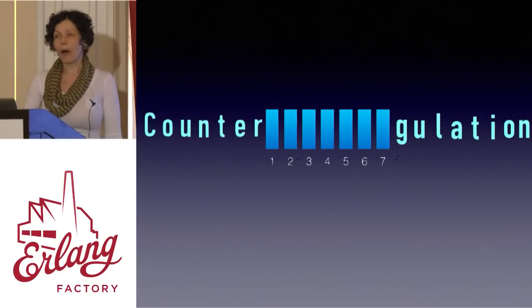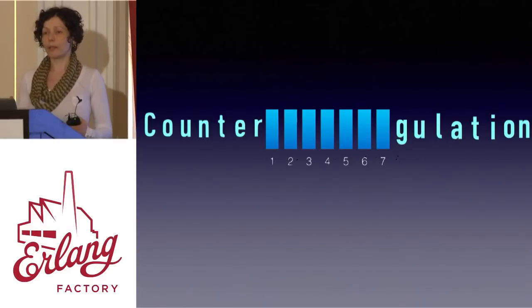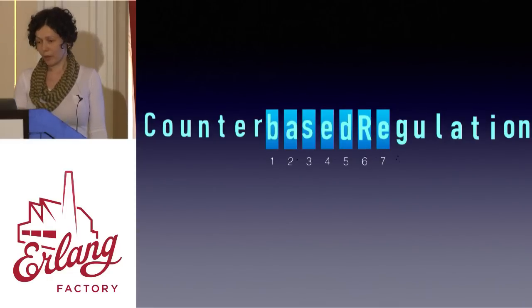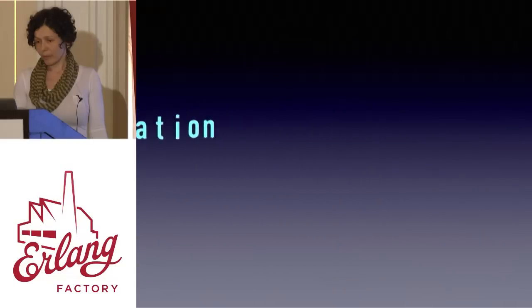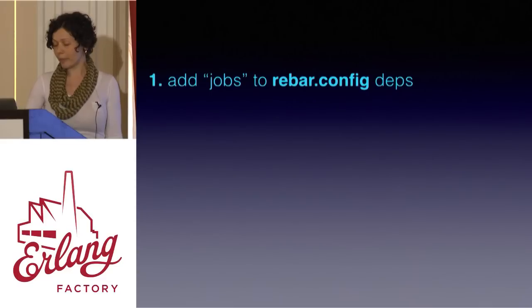And now I would like to take you through the entire process of setting up the jobs framework with our HTTP server. Step 1, we need to add jobs to our rebar config dependencies.